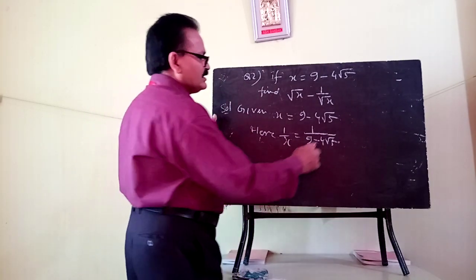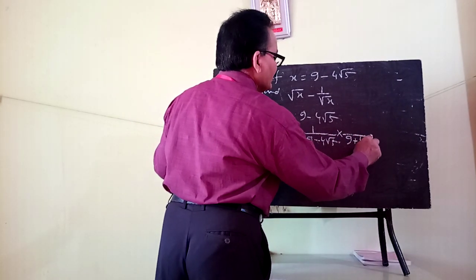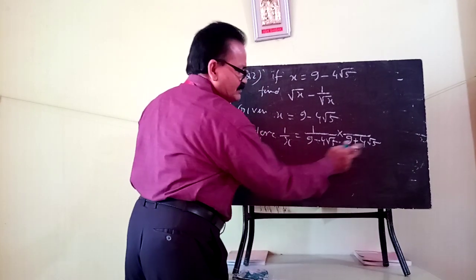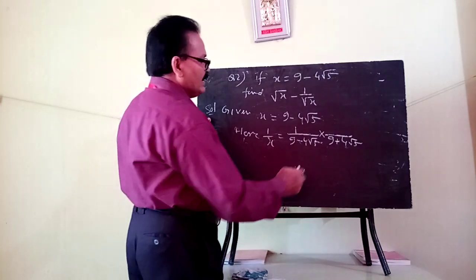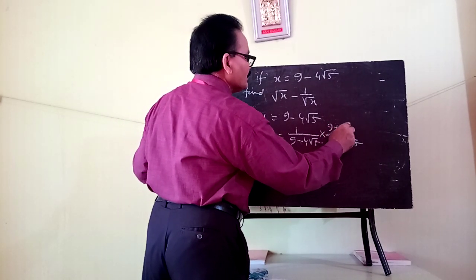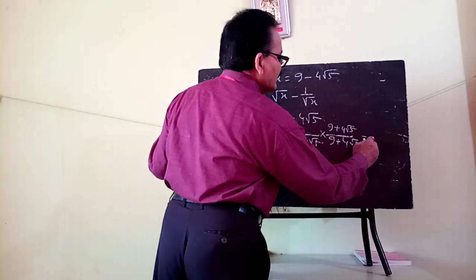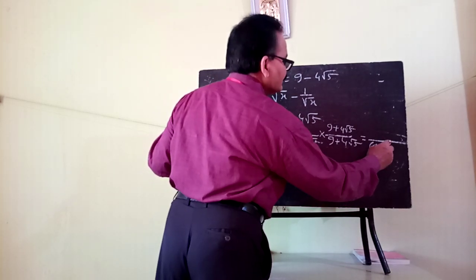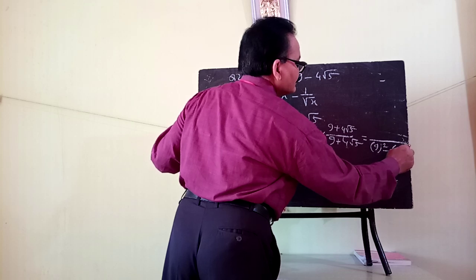Now the denominator is 9 minus 4 root 5. So you make it rationalized by multiplying by 9 plus 4 root 5, because for a minus b, a plus b will be the rationalizing factor. So you have to multiply with that, and multiply 9 plus 4 root 5 in the numerator also. Then in the denominator, you will get square of 9 minus square of 4 root 5.